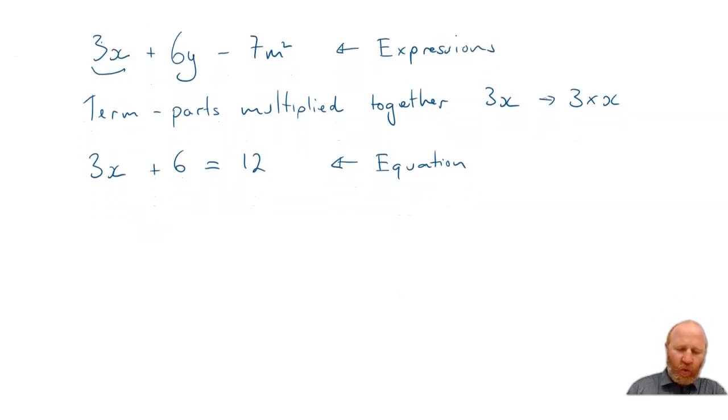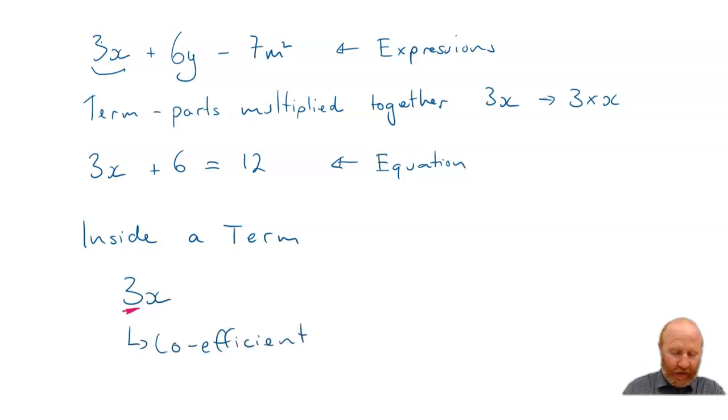Inside an individual term, we can divide up the parts of the term. So if we concentrate on that 3x there, the first bit here, the number 3, any number that we stick out the front, we call a coefficient. Any letter that is there, remember the purpose of that letter is to represent a number that we might not know the value of yet.